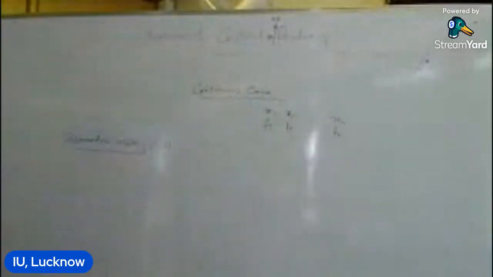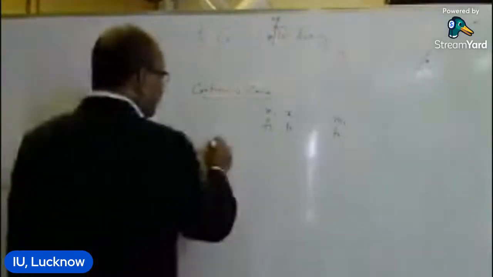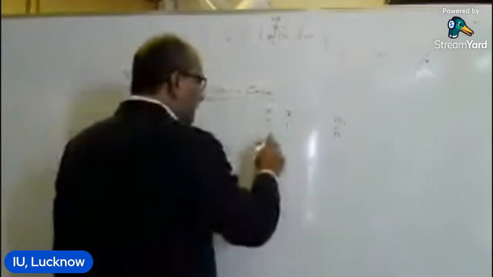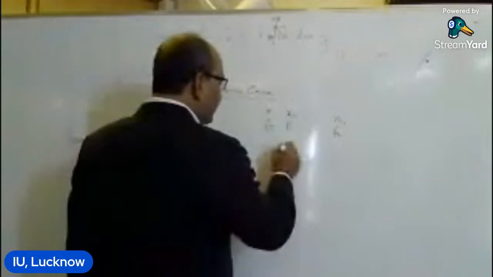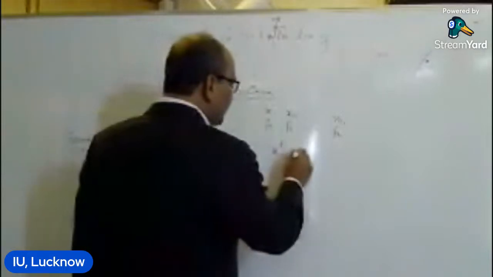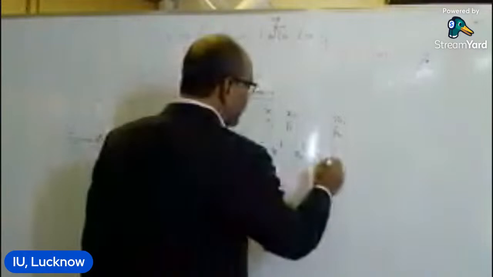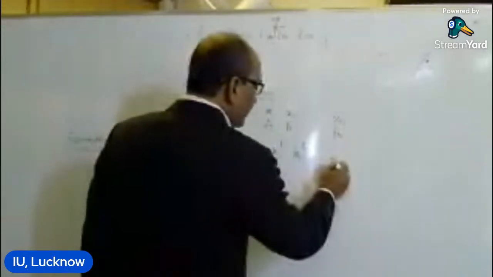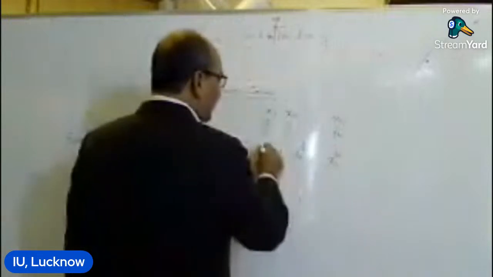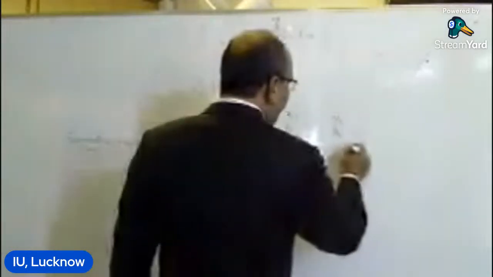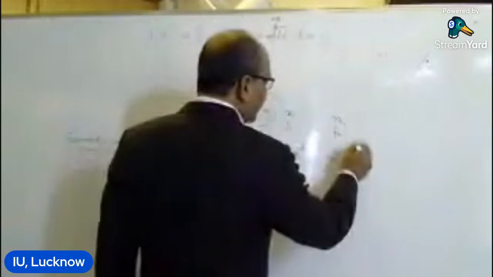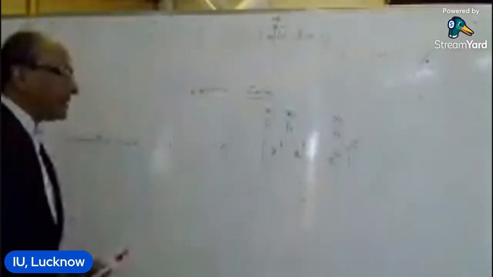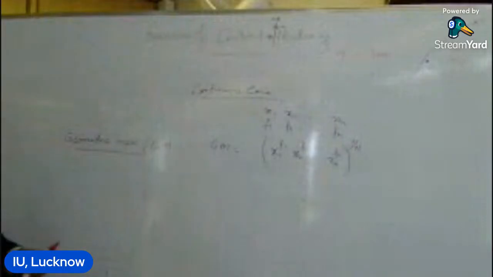So in that case, what will the geometric mean be? It is the product of x1 to the power f1 multiplied by x2 to the power f2, like this, up to xn to the power fn, and the whole to the power 1 upon the summation of f, that is capital N. Here we use capital N, and in the discrete case we used a small n. So here capital N means the total frequency.